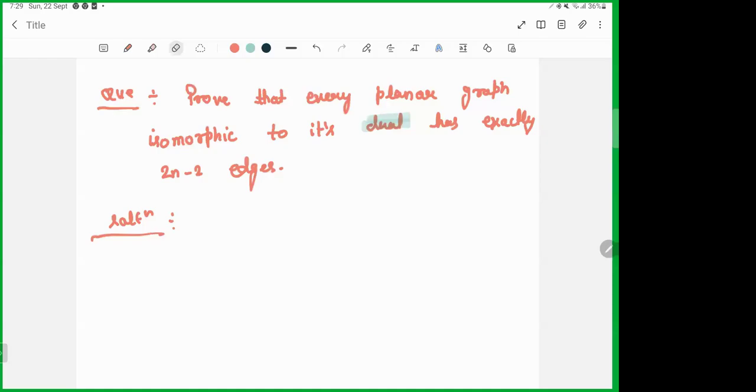Think about Euler's formula. What can this dual graph give you? Think about this first. The graph and its dual are isomorphic. If the graph is isomorphic to its dual, that means n is equal to the number of regions.